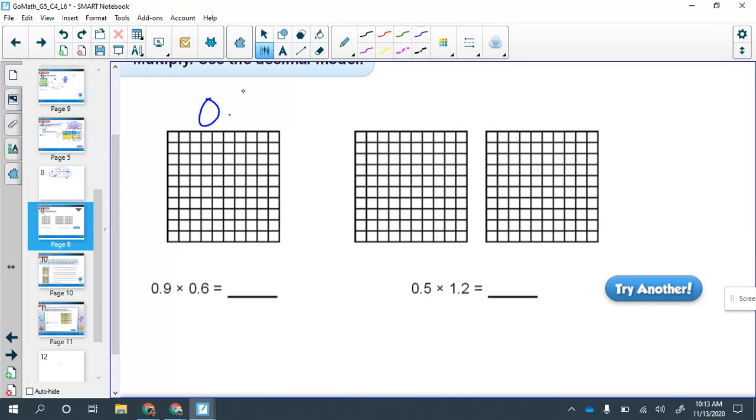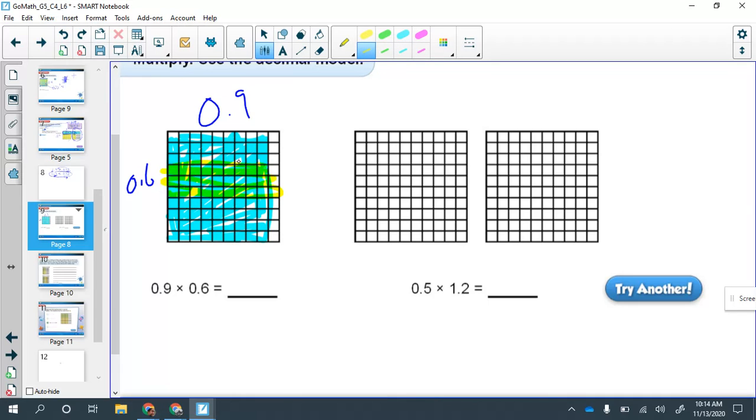All right, we're going to start with this one. We're going to do 9/10 times 6/10. Grab a highlighter. All right, so we're going to start off with 9/10. So that is all but one of these that is shaded in. So hopefully we're starting off with 9/10. We're going to switch over. Now we're going to get all but 4, right?